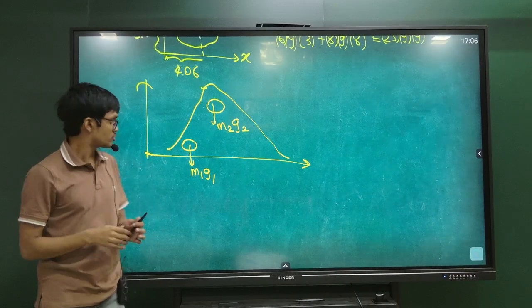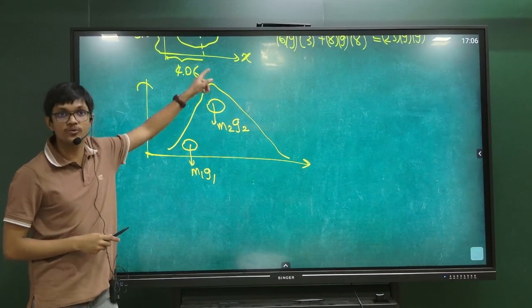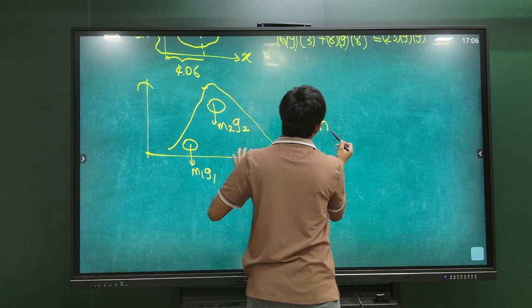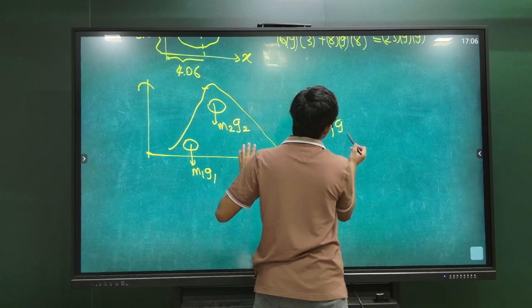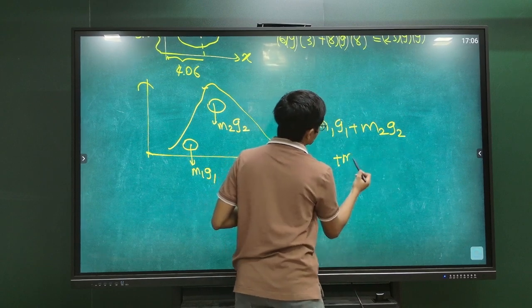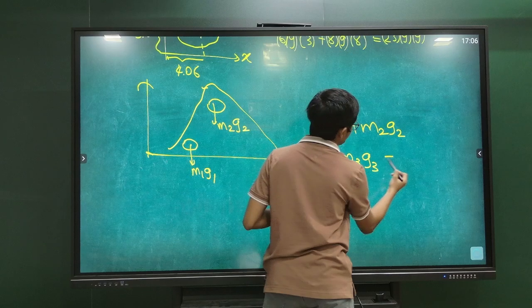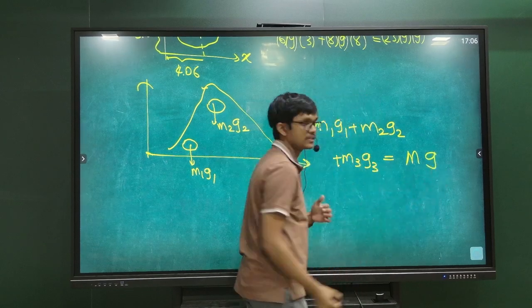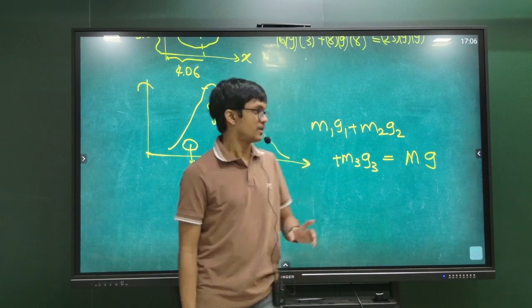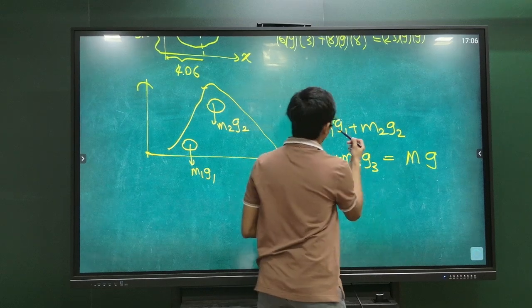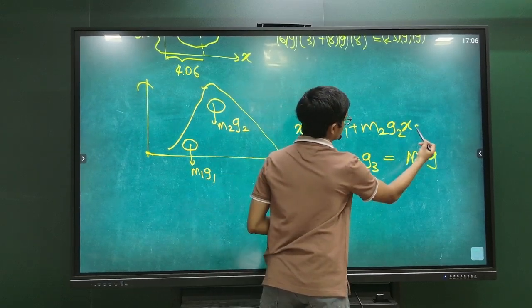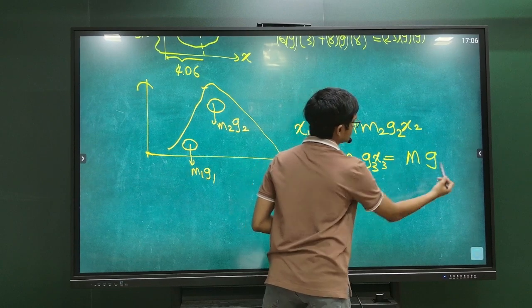So if you have G1, G2, G3 values everywhere, then the equation that you write would be M1 G1 plus M2 G2 plus M3 G3 plus capital MG or something like that. Now can you cancel out G? No. Now M1 G1 into X1, M2 G2 into X2, M3 G3 into X3, Mg into X.